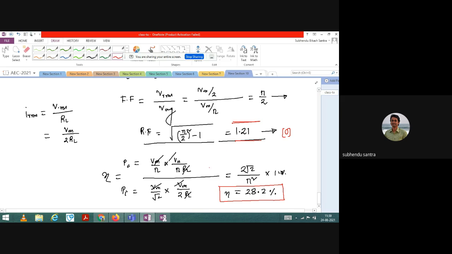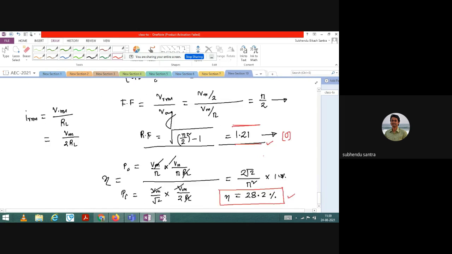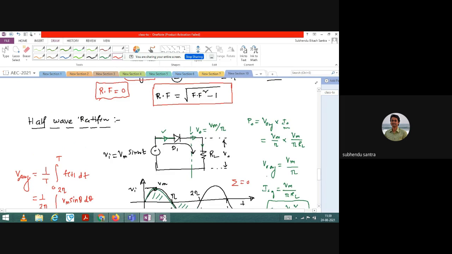So there is a need for modification. We cannot simply use this circuit for rectification because it has lower efficiency and a higher ripple factor.